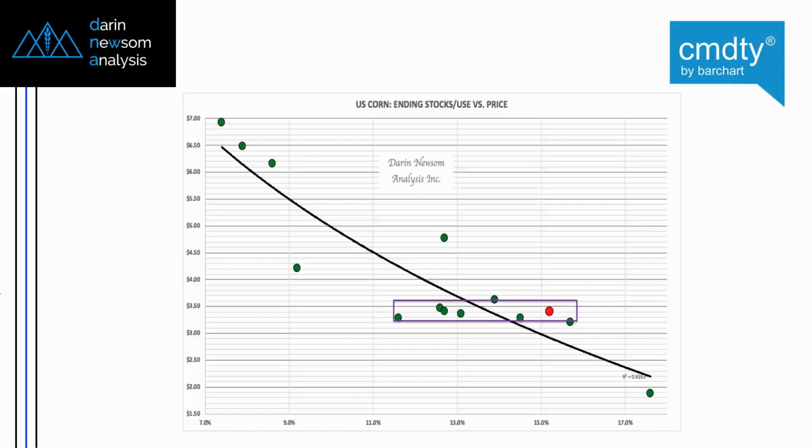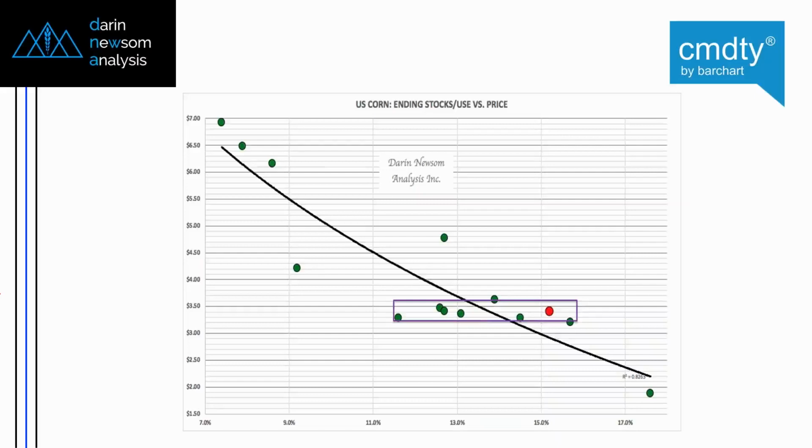And if we think about it, there should be a correlation. The larger ending stocks to use are, the lower the national average cash price, taken on a daily average, should be. The lower ending stocks to use, in other words the tighter the situation, the higher the price. Well, the red dot is where we are here in 2018-19.